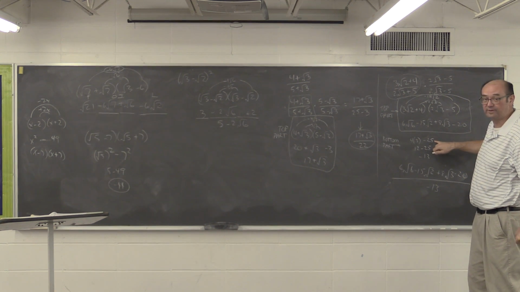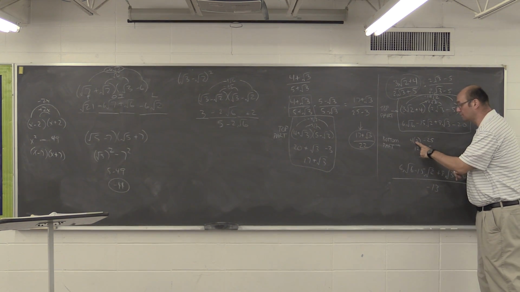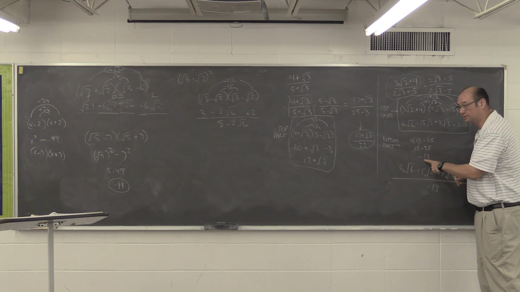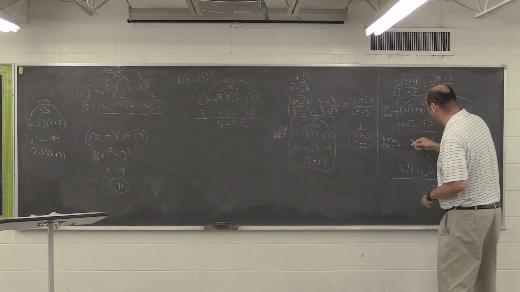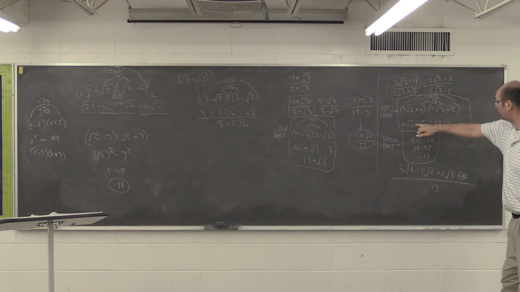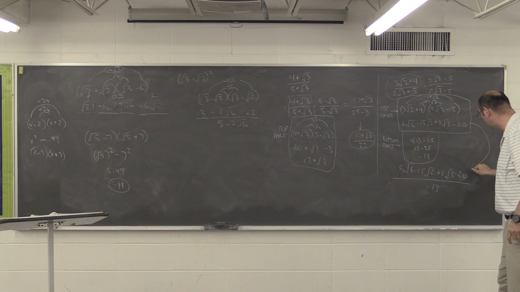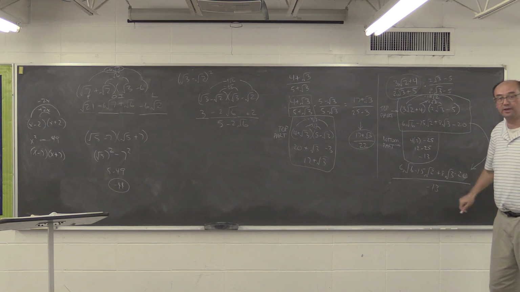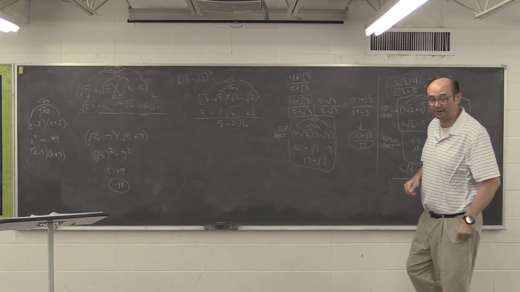A negative 25. So 4 times 3 is 12. 12 minus 25 is a negative 13. And this right here, all right, is the bottom part. So the top part gets carried to here, the bottom part gets carried down to here, and that whole thing is our answer, all right?